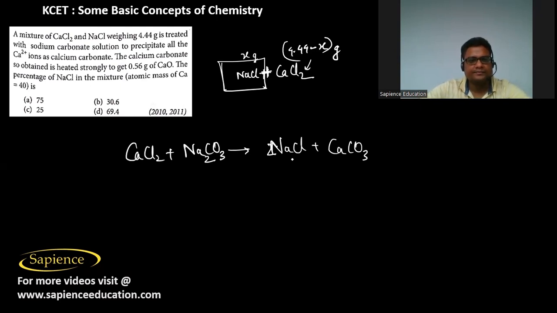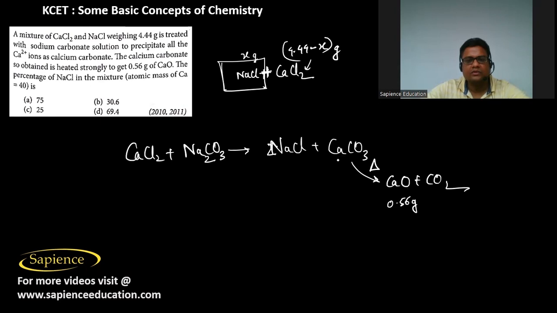So all the Ca2 plus ions are precipitated. Now this CaCO3 is strongly heated to obtain calcium oxide plus CO2, and 0.56 gram of calcium oxide is obtained.